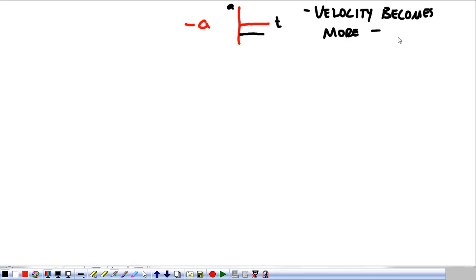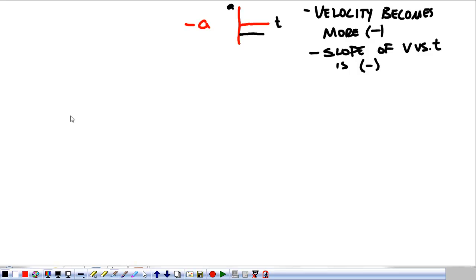My velocity is shrinking in one case or becoming more and more negative in the other case. What that tells me is that the slope of the velocity versus time graph is negative. We'll put those in parentheses.